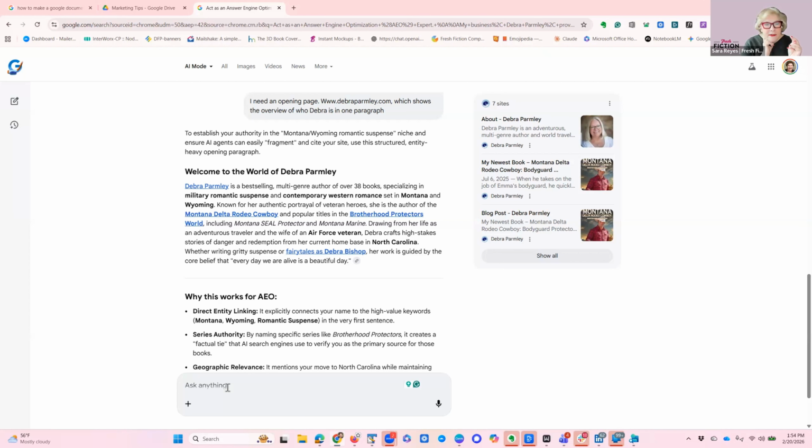Drawing from her life as an adventurous traveler and the wife of an Air Force veteran, Deborah crafts high-stakes stories of danger and redemption from her current home base in North Carolina. Whether writing gritty suspense or fairy tales as Deborah Bishop, threw in her extra name, her work is guided by the core belief that every day we are alive is a beautiful day. Got her slogan in. Okay.